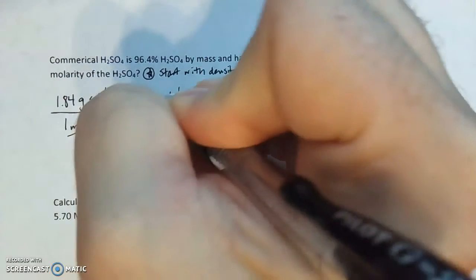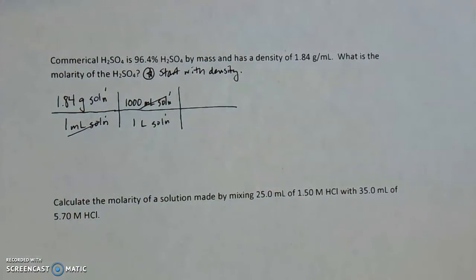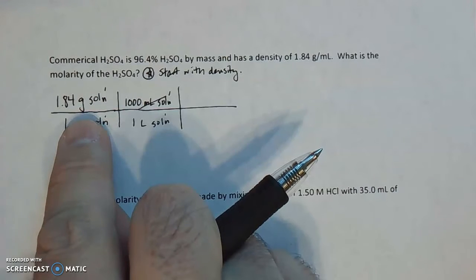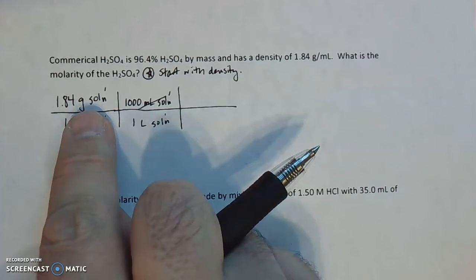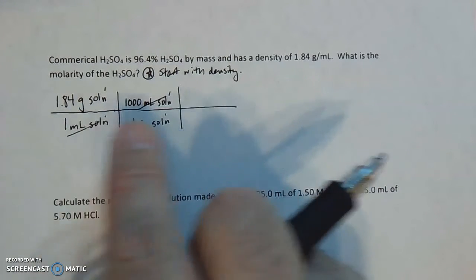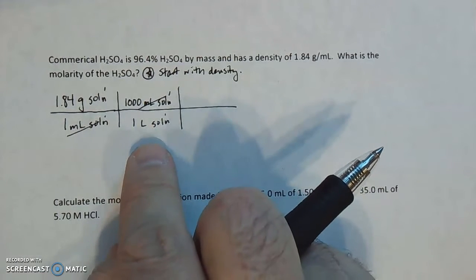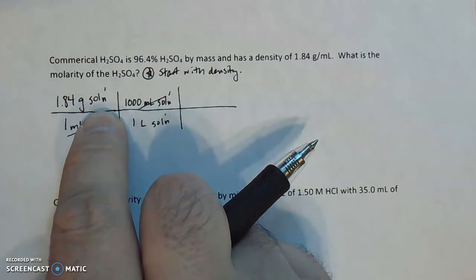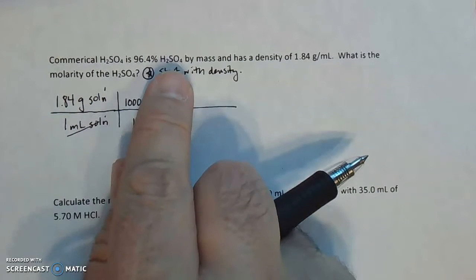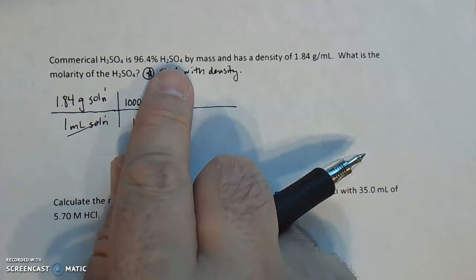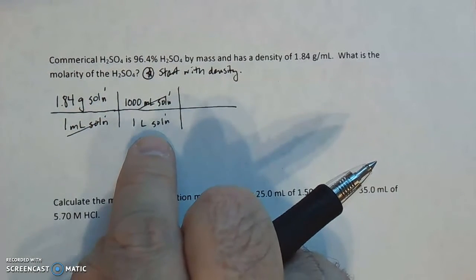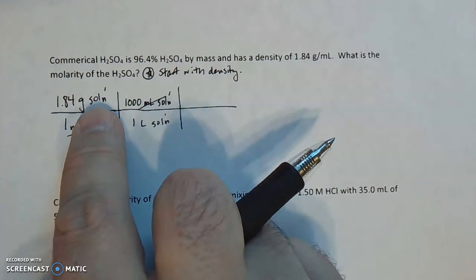That allows us to get rid of milliliters. Now, we have 1.84 grams of solution, and I am going to need to turn that into eventually grams of solute, or H2SO4, and then I can change it into moles of solute. The goal is to get moles over liters. I already have the liters. Now I have to get this to moles.